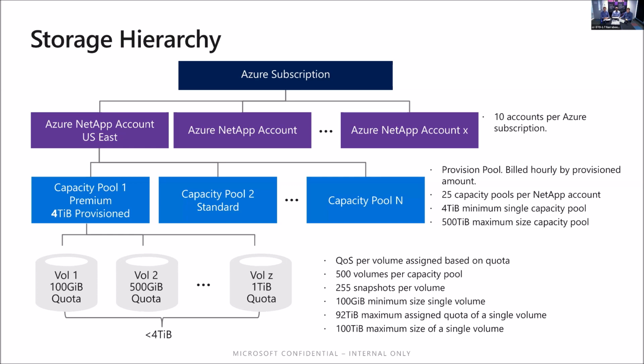Now Mark showed the ability to spin up that first capacity. We've gone for the minimum of 4 terabytes. You can also spin up more of those as you need to, and then from there you start spinning out the volumes that you need against that capacity. And that takes you down, and we've included there a lot of stats around quality of service and the ability to increase or decrease those volumes based on what you need.